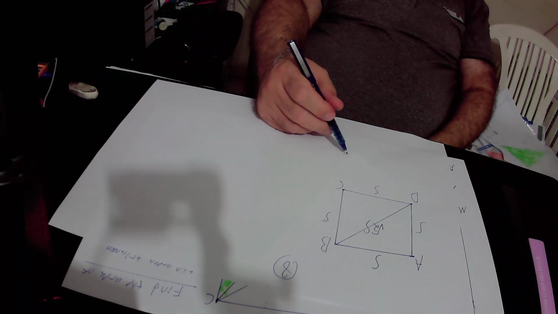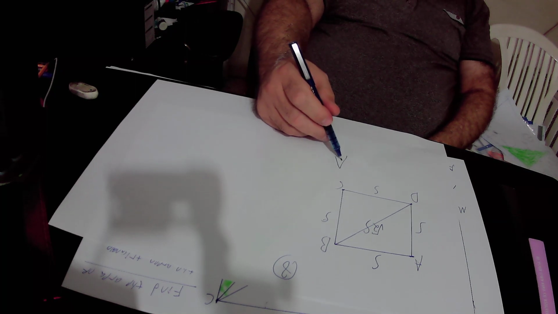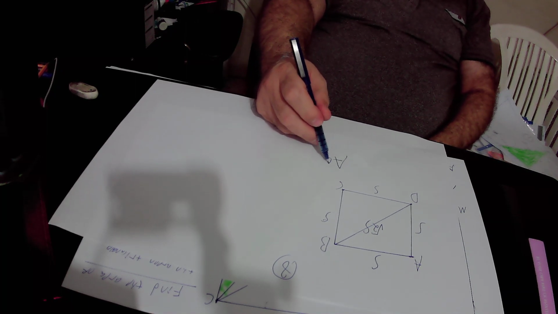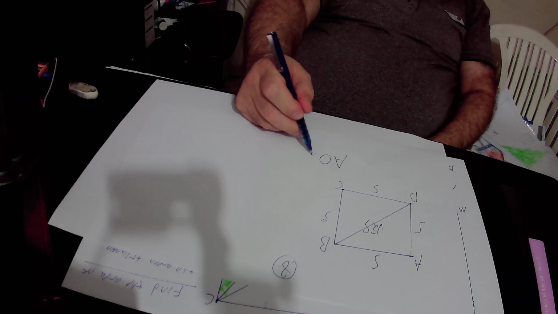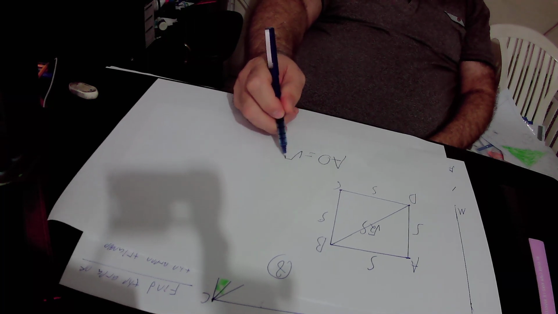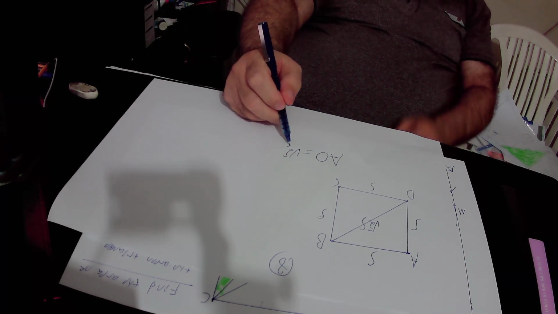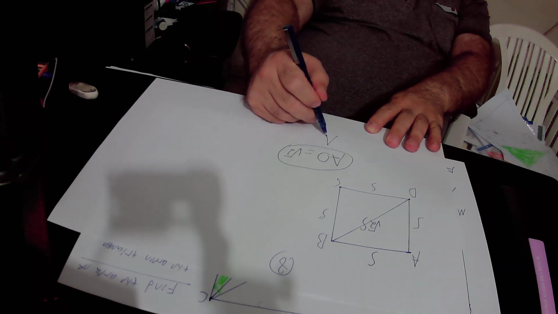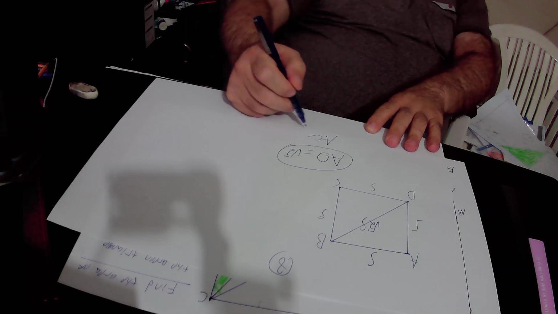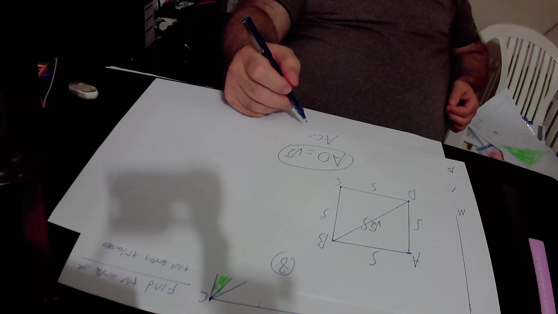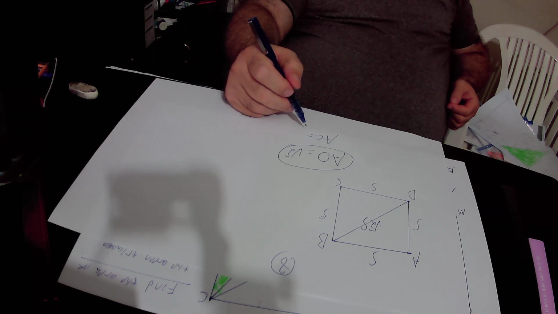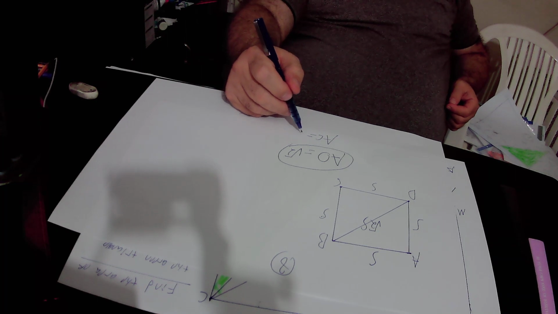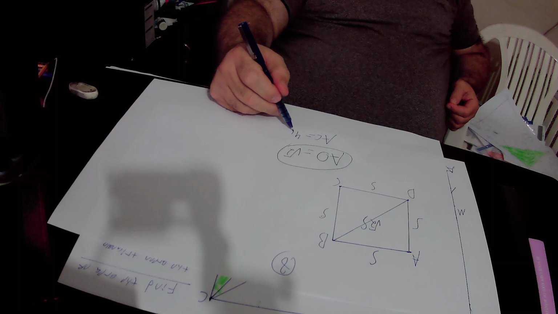So we already found out that according to rule number 7, the diagonal AO equals square root of 2 units in its length, and likewise the diagonal AC will be equal to the length of the side of square ABCD, that is 4 units, times square root of 2.